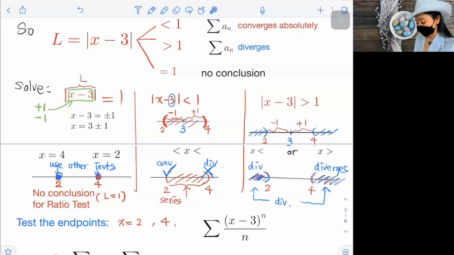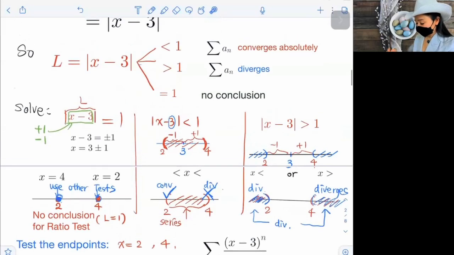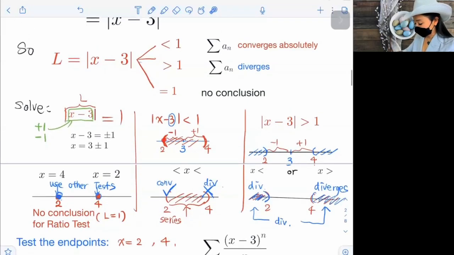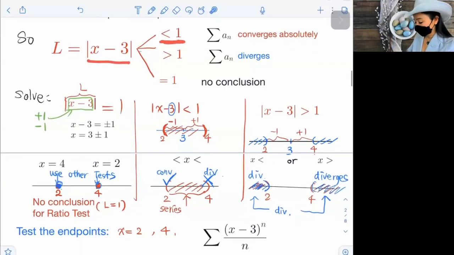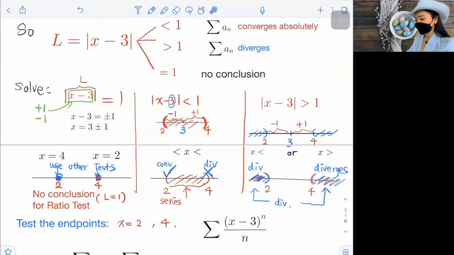Now, when the absolute value is less than 1, it corresponds to the inside of the interval from 2 to 4. This is 2 and this is 4. This corresponds to the inside interval here. So x is greater than what? Less than what?